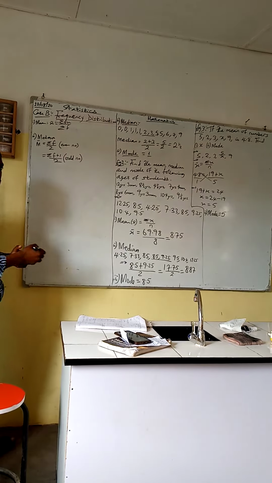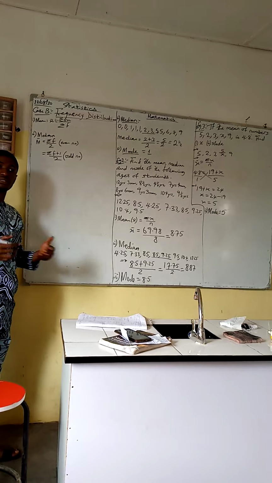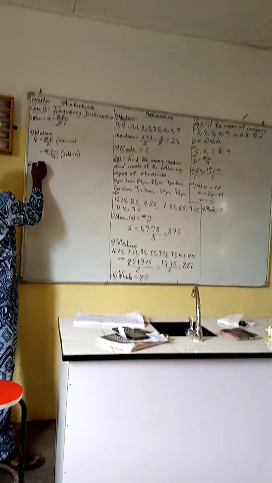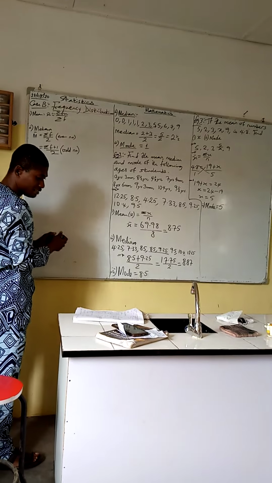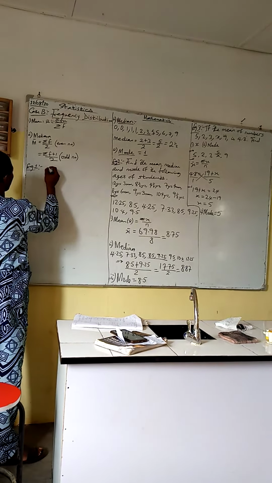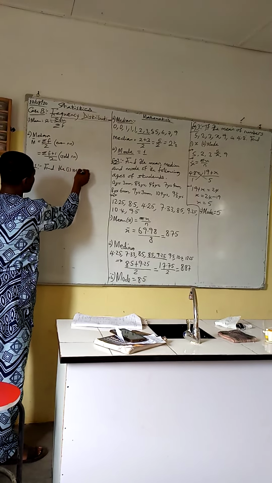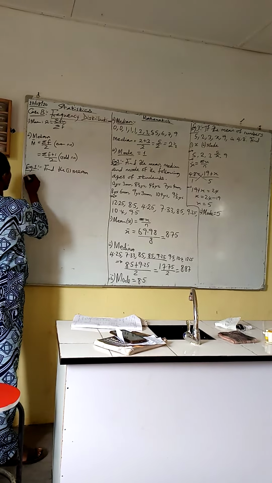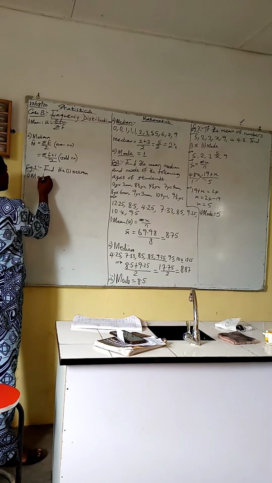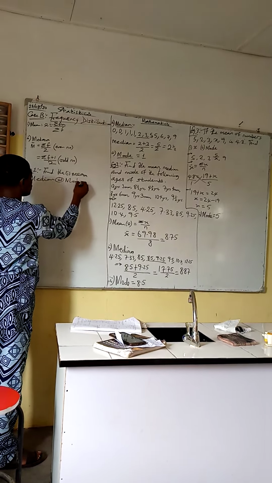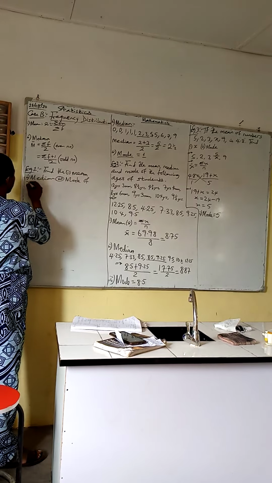I will explain this. Our mode is still the one with the highest occurrence. Now just look at this example, example 1. It says find the 1, mean, 2, median, 3, mode of the table below.